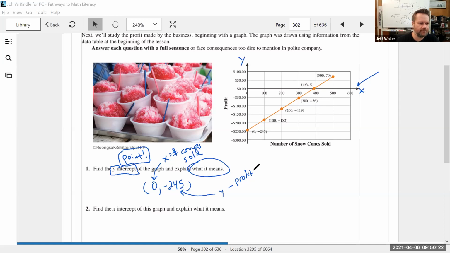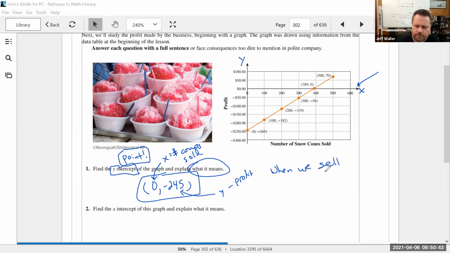Here, I'll start the sentence off. When we sell... how many snow cones? Sell X amount of snow cones. Come on, be very specific. When we sell a specific amount of snow cones, we lose $245.